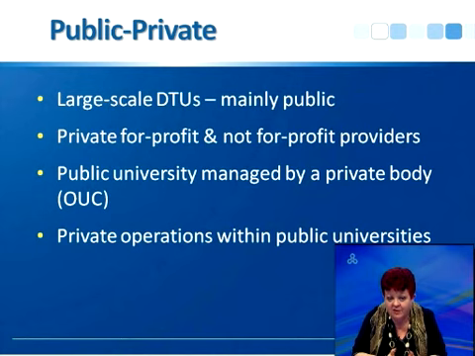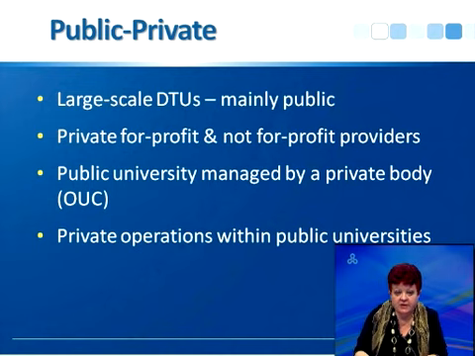So here you have a public university which runs a private operation, and it can also be done in distance teaching universities that run various operations in order to extend their budgetary basis and to be able to run better and high quality programs for their students who study in distance education frameworks.